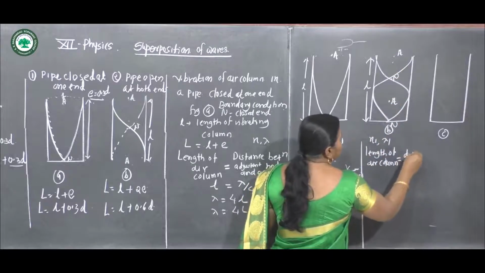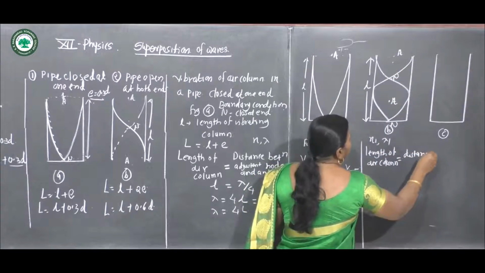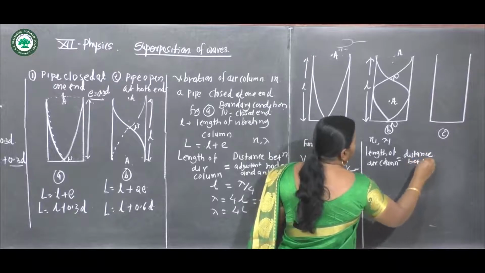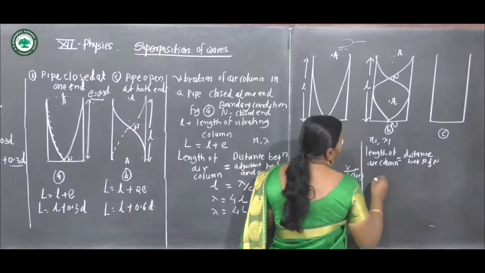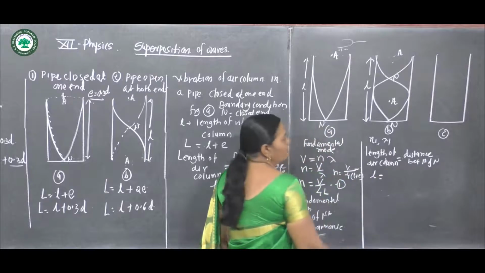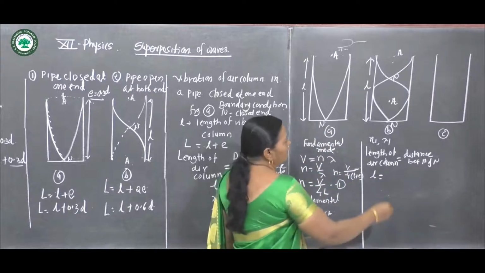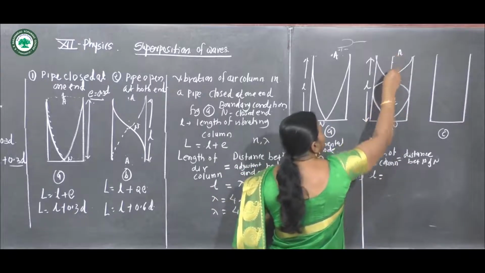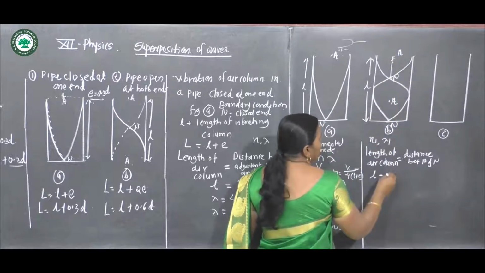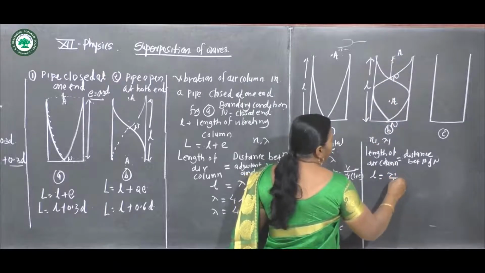This is the distance between antinode and node. Now suppose L is the length of air column, then this distance is lambda 1 by 4.